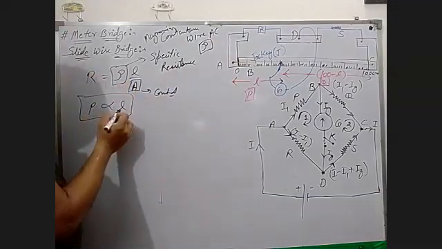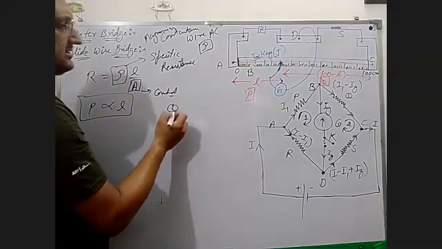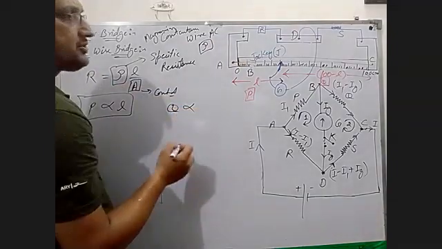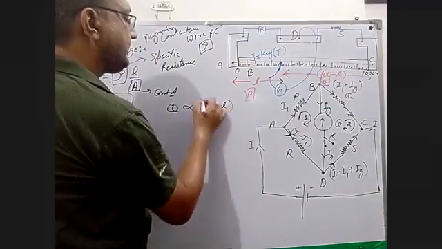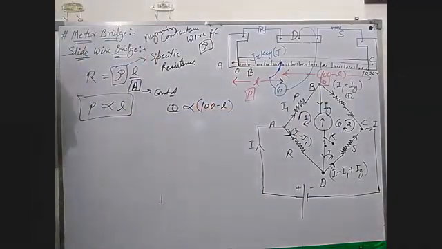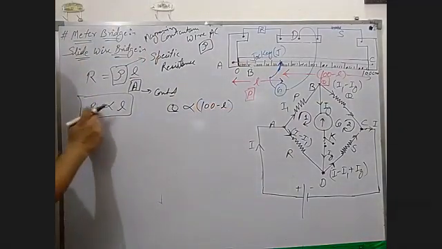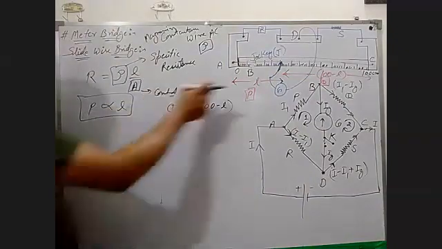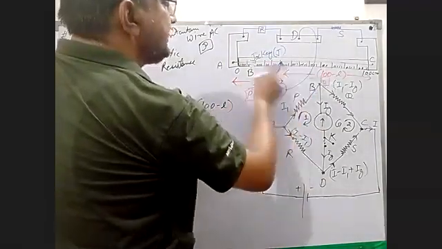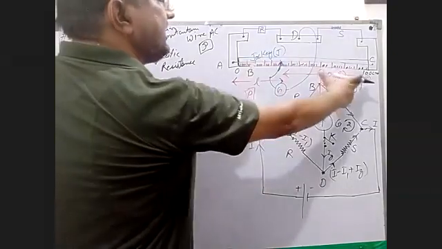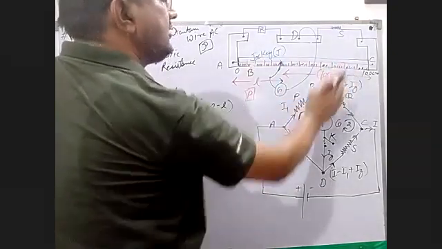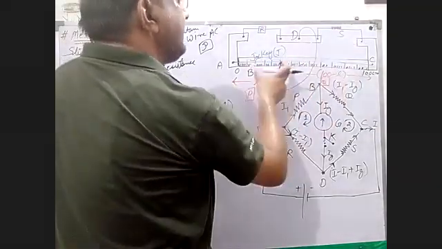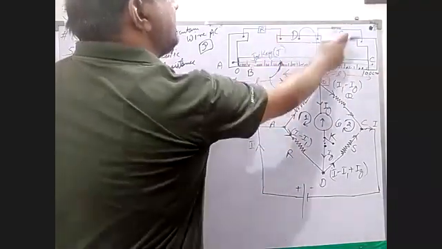Now P is directly proportional to L, as it is. Similarly, Q is also directly proportional to the rest of the length, you can take here 100 minus L in this way. Okay, P depends on L, because as L goes on increasing, P increases. As 100 minus L goes on increasing, Q increases.